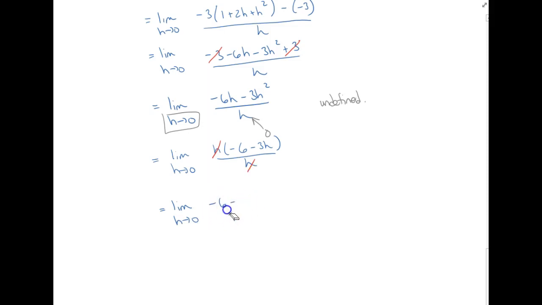Sorry, do that again. That'll be -6 minus 3h. So now what happens when h goes to 0? Well, if h goes to 0, so does 3h. And so -6 minus 3h just becomes -6, which is my limit.